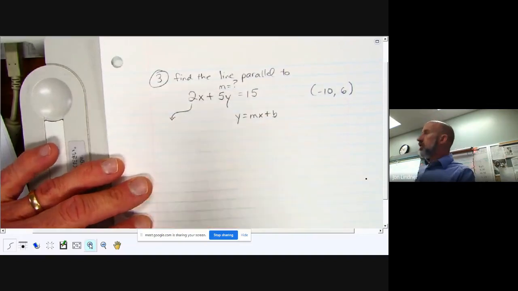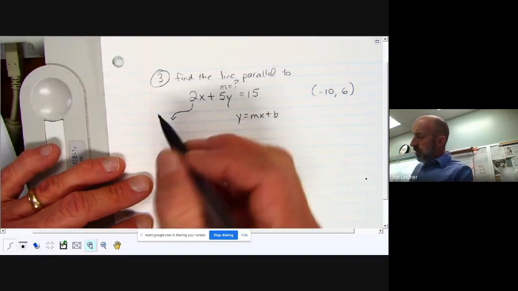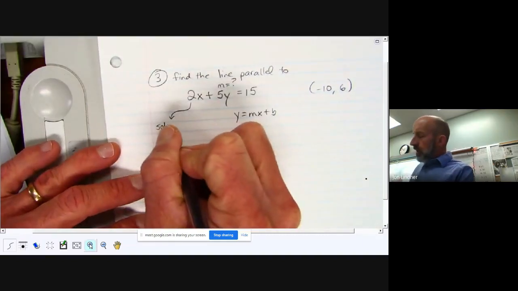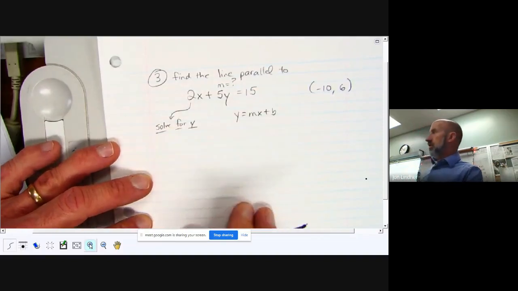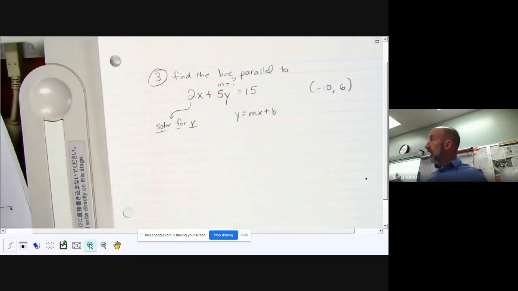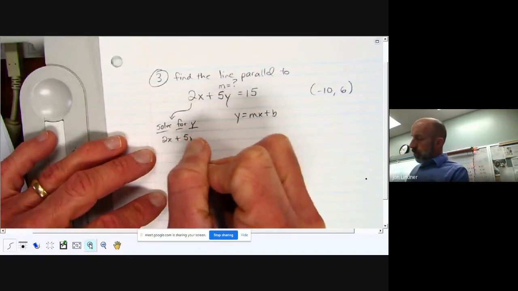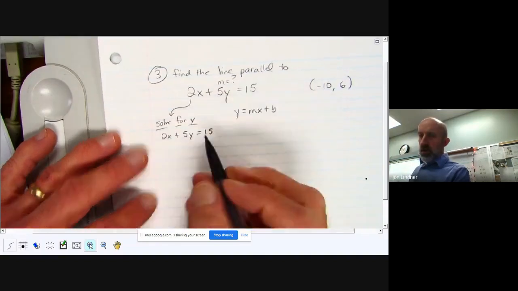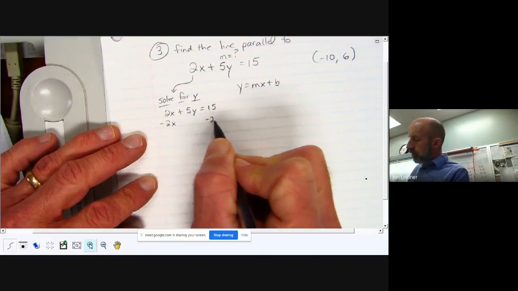This problem is just like all the rest, but it's got a couple extra steps at the beginning. I need to solve this thing for y first so that I can get it in slope-intercept form. So we're good at solving equations. To solve this thing for y, I would subtract 2x from both sides.